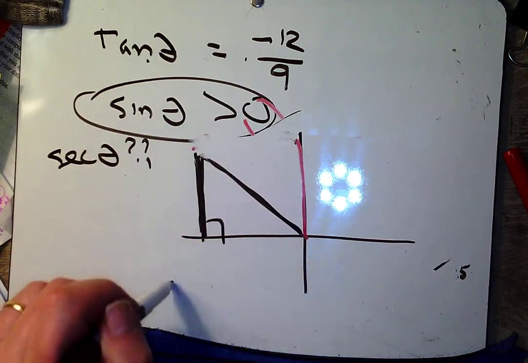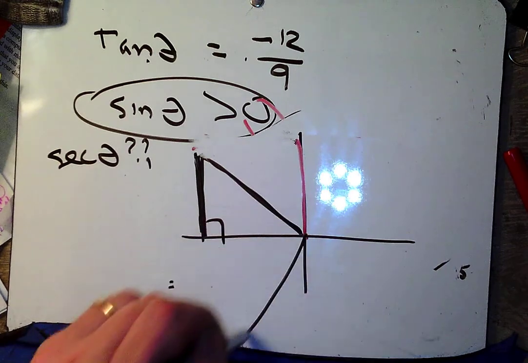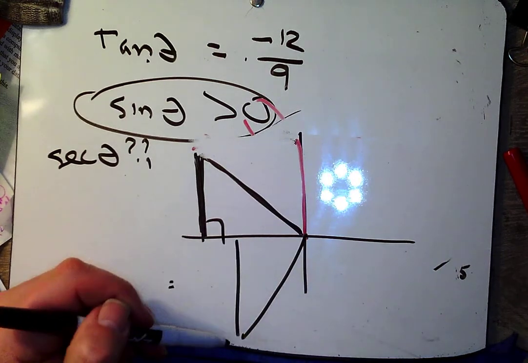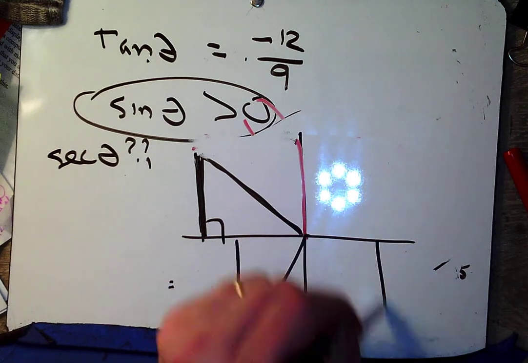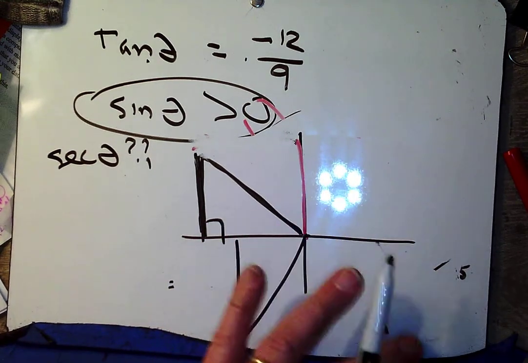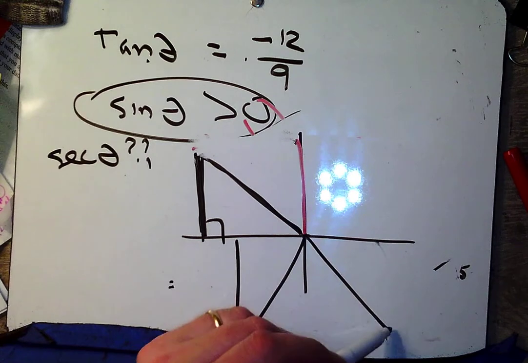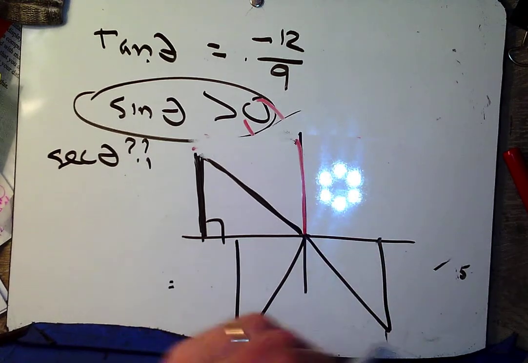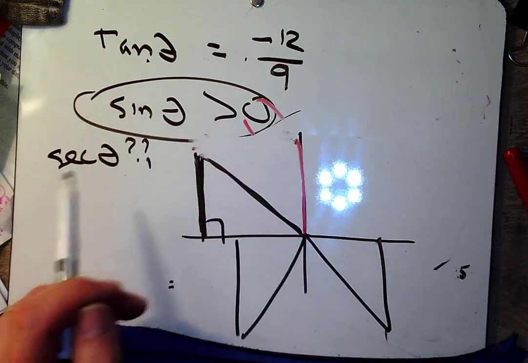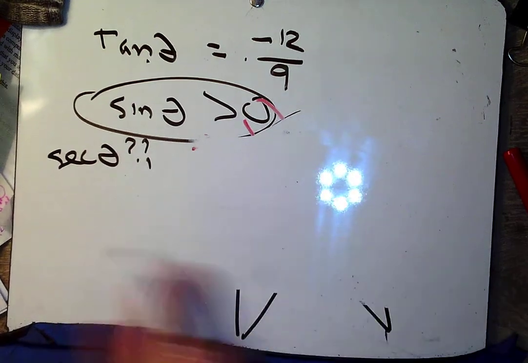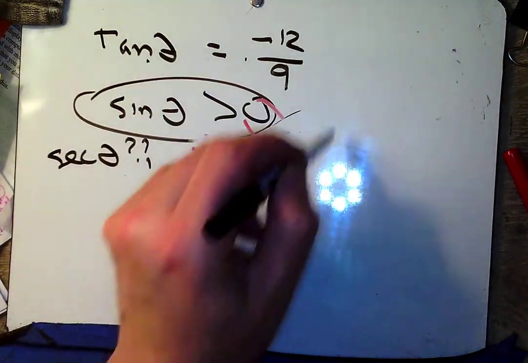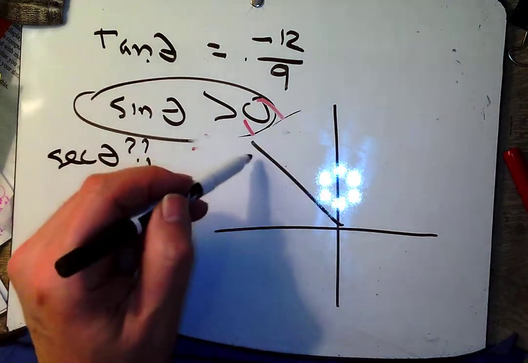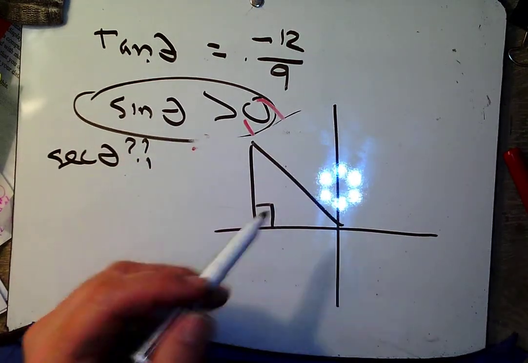So if I had something down here in third quadrant, to the x-axis, or here in fourth quadrant, here's my angle, and then I go to the x-axis. I never draw to the y-axis. Okay, so we know tangent is negative, sine is positive, so we're drawing the second quadrant triangle.